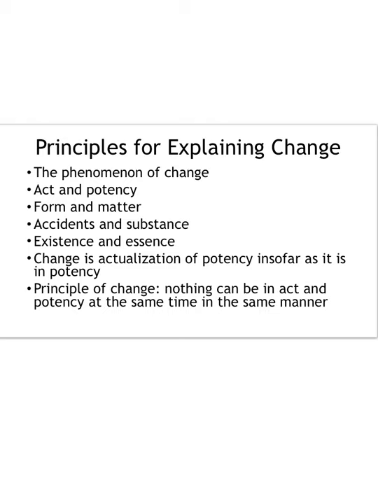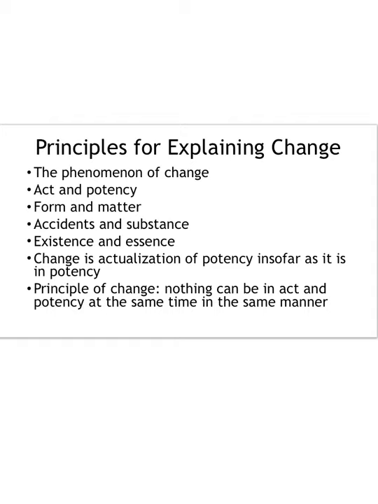So when somebody dies, the person's body is no longer a body, it becomes a corpse. It's a lifeless corpse. That's a substantial change. So the principles of this explanation, if you notice, are act and potency.